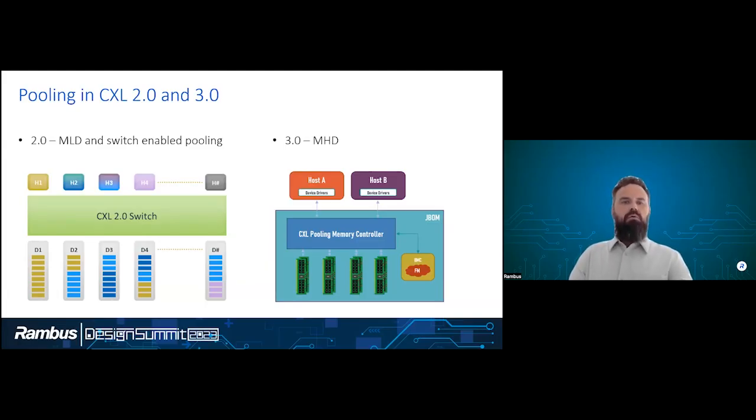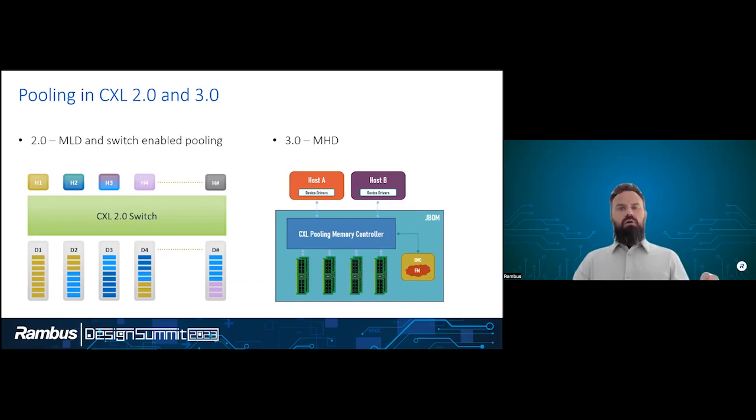But with the MHD, bringing some new optimizations in CXL 3.0. So in 2.0, single logical device or multi-logical device-based pooling was really enabled via switches only. And they were resources that could be dynamically defined to hosts, but you always had a requirement to have a switch in order to fan out multiple endpoints to a particular host.